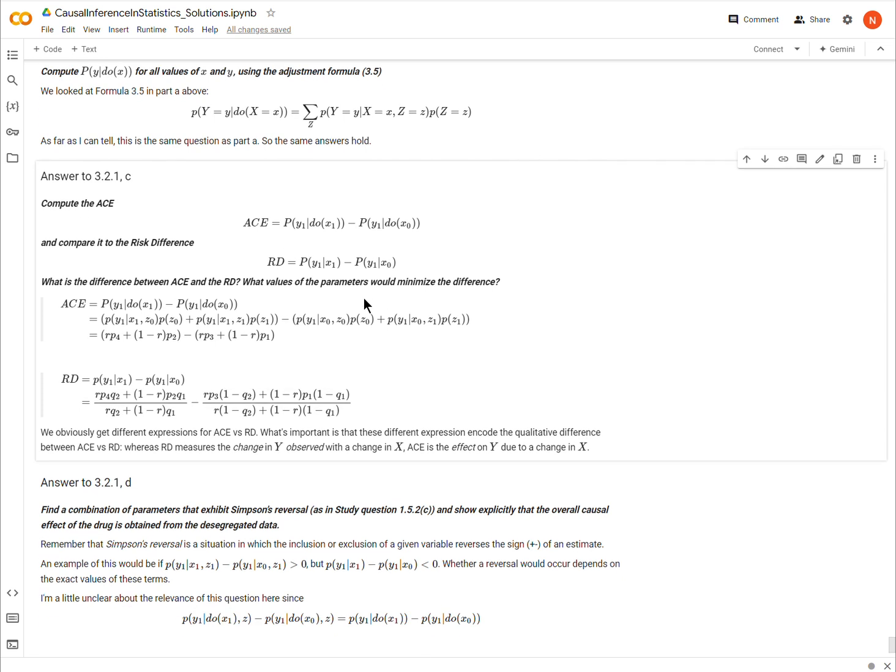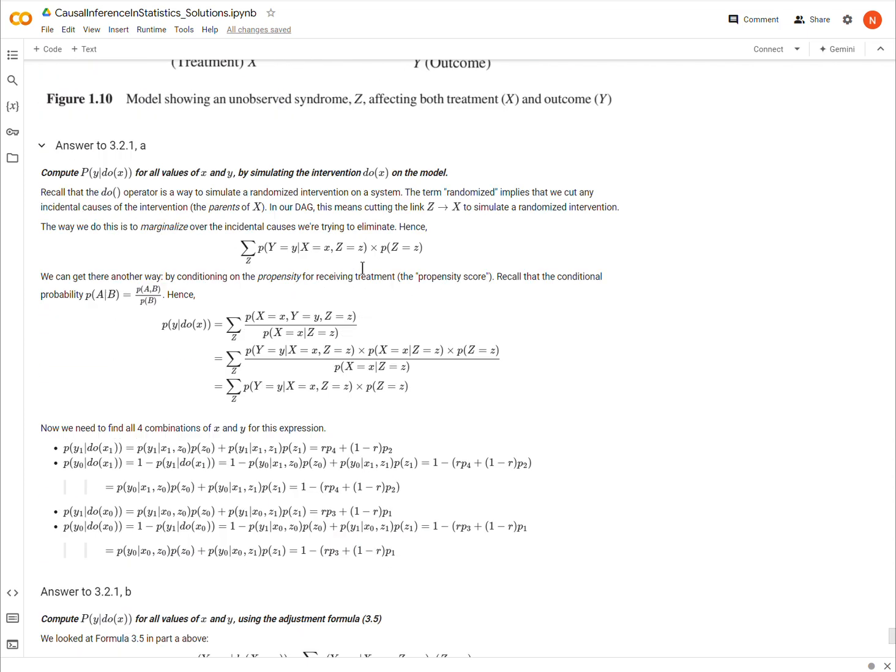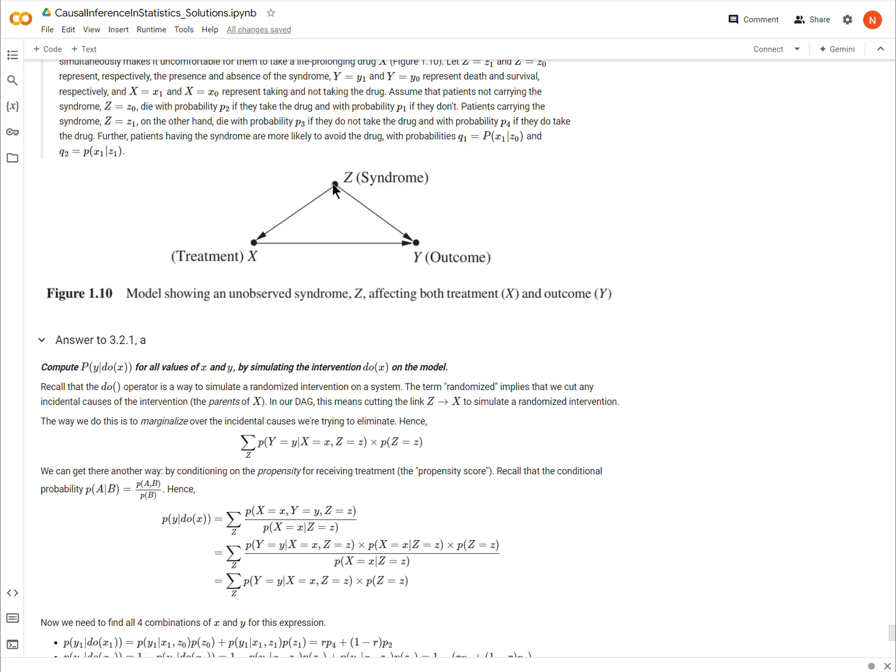So now we are meant to compute the ACE, or the average causal effect of receiving the treatment, and then compare it to the risk difference. Now looking at these two expressions, the average causal effect refers to this expression where we have the do operators, right? Because the do operator, by removing the influence of the confounder, allows us to look at the genuine causal effect of x on y.